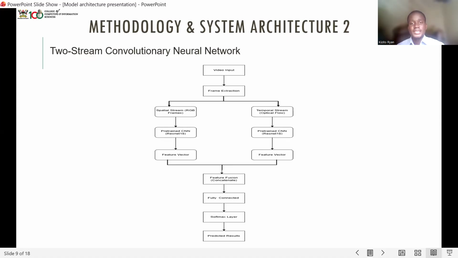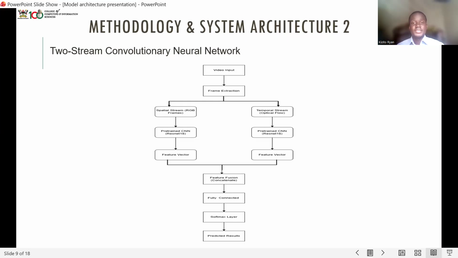And of course, just like the first architecture I chose, which was the CNN plus LSTM, it still begins in the same way with video input. Because the two-stream CNN is still a neural network. But unlike the standard CNNs that only analyze images, for this kind of model, it processes two different types of information from the video at the same time.